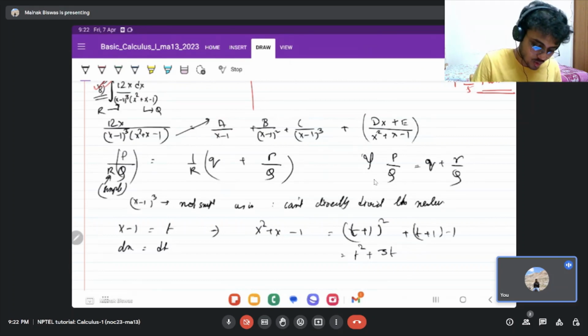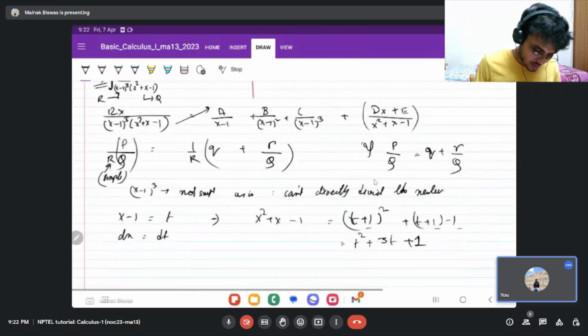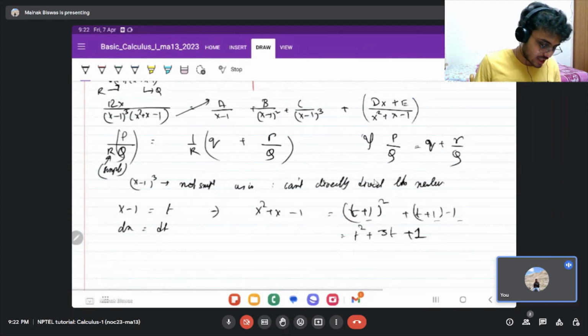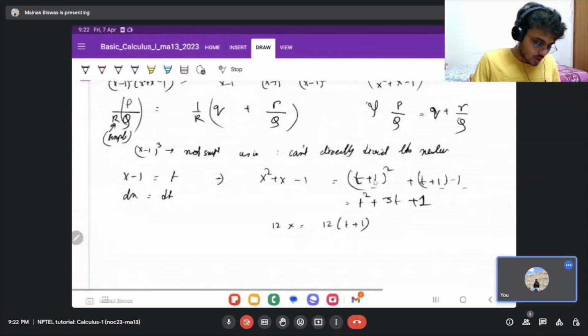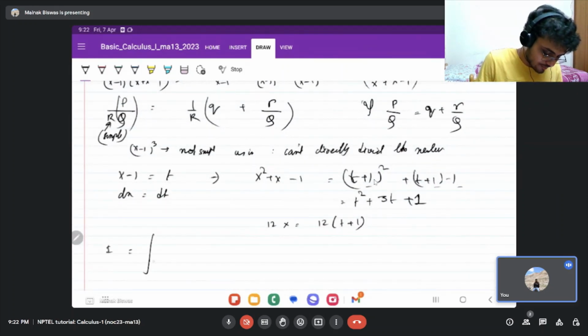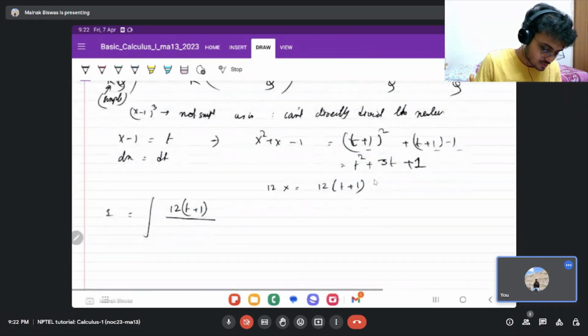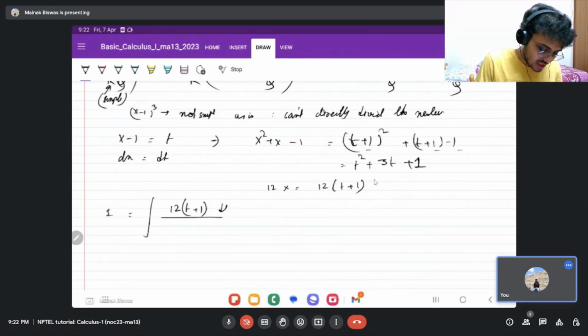So 1 plus 1 minus 1. So this is what we get. If we substitute, 12x will become 12 into (t plus 1). So your new integral turns out to be 12 into (t plus 1) by t cube (t square plus 3t plus 1) dt.